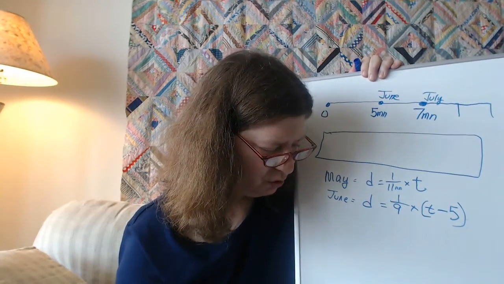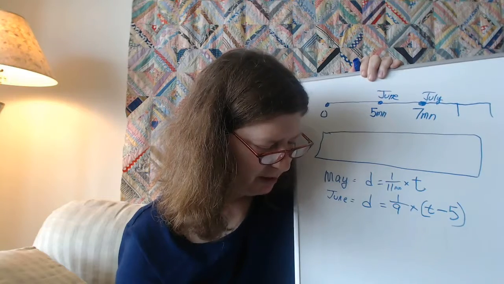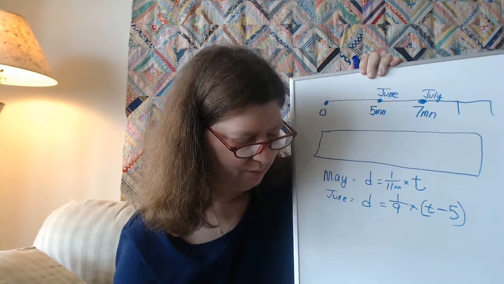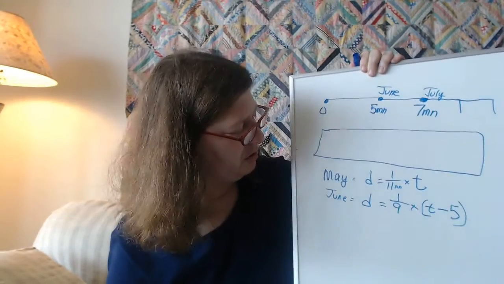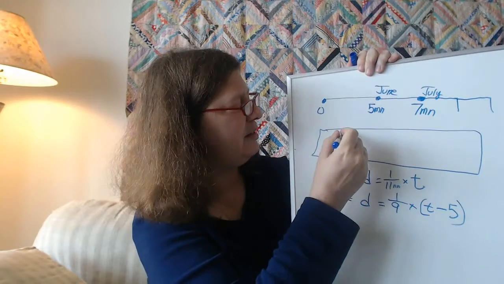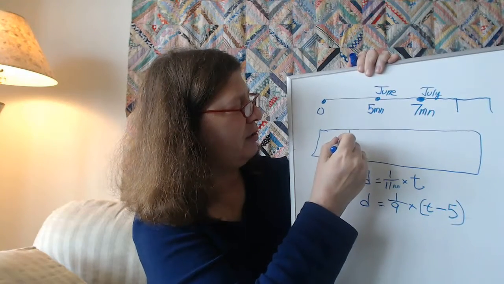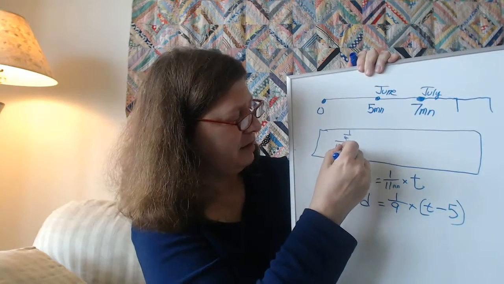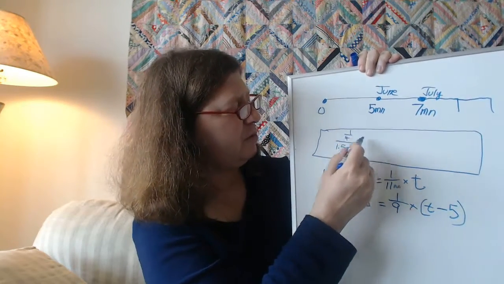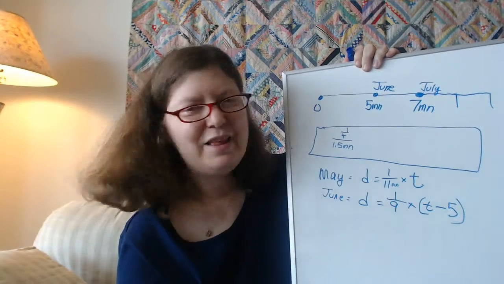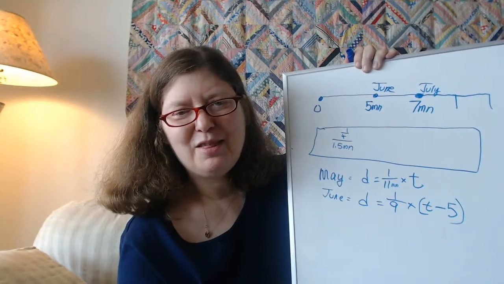July started 2 minutes after June and ran at a steady pace, running 1/4 of a mile in 1.5 minutes. Now you notice the other one said 1 mile in 9 minutes. This says 1/4 of a mile in 1.5 minutes. We just have to multiply everything by 4 to get the rate. I don't know why they did that, just to make your life hard, I think.